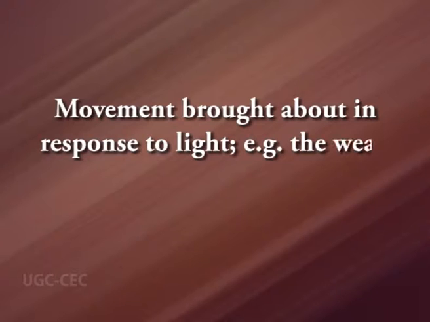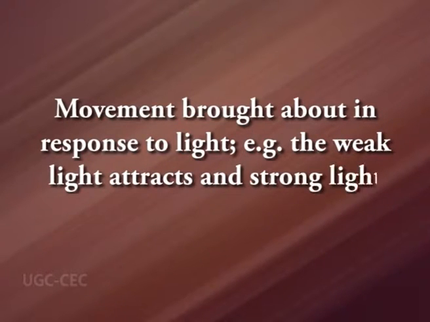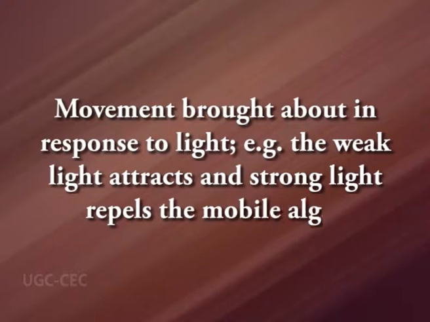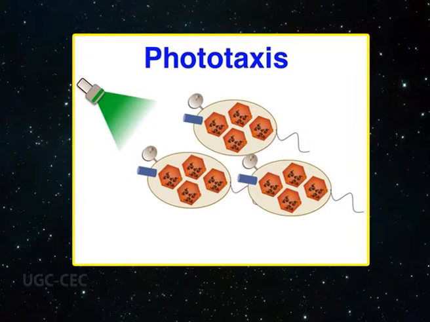Phototaxis. It is a movement that is brought about in response to light. For example, weak light usually attracts and strong light repels the mobile algae. For instance, when a unicellular alga is suspended in a test tube, it moves towards the light source to obtain solar energy for photosynthesis.